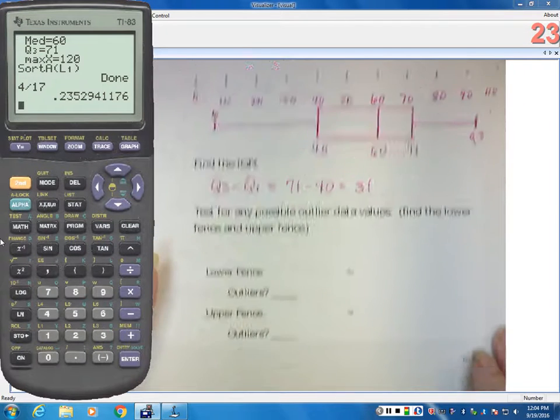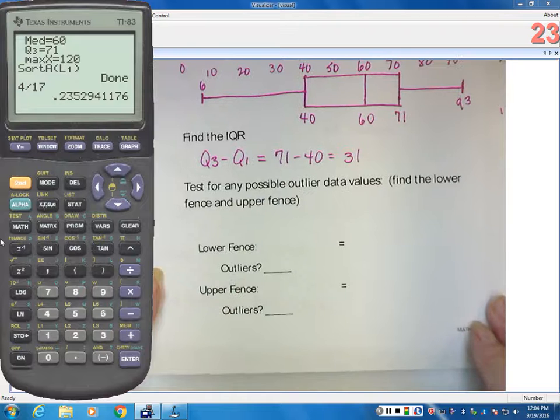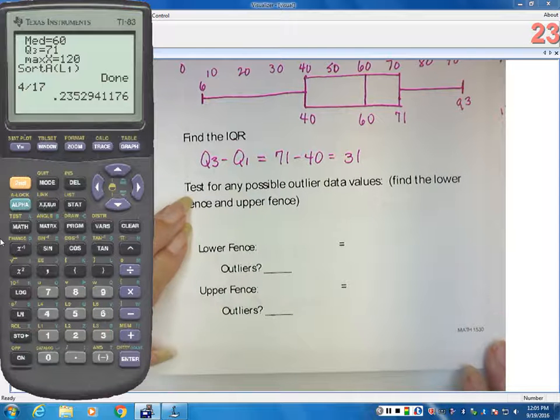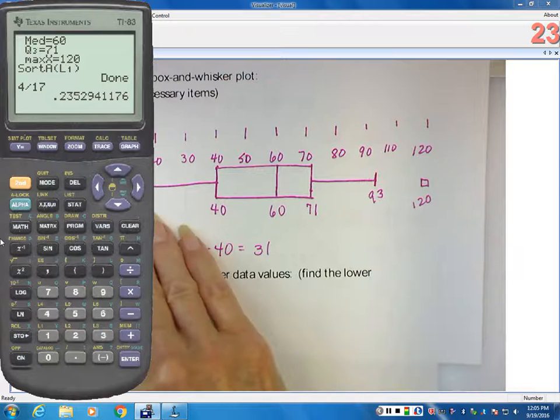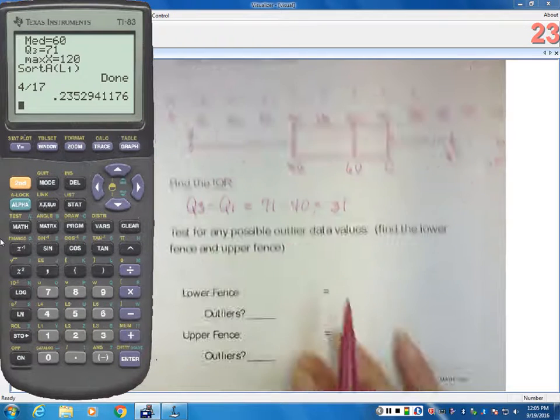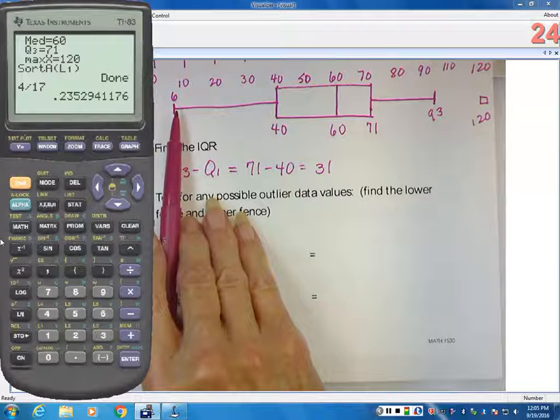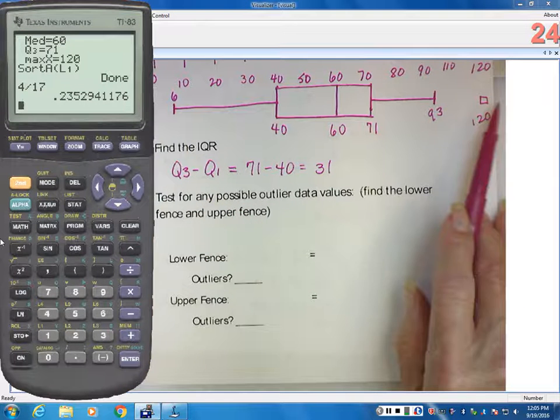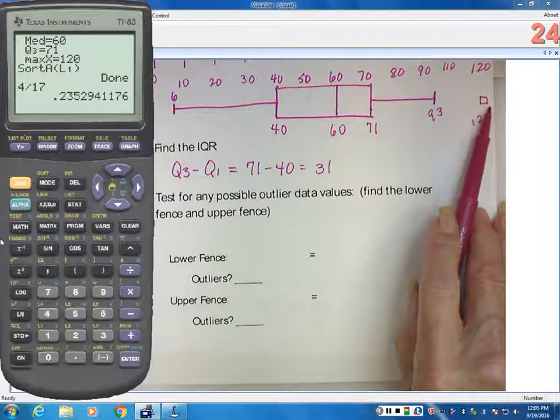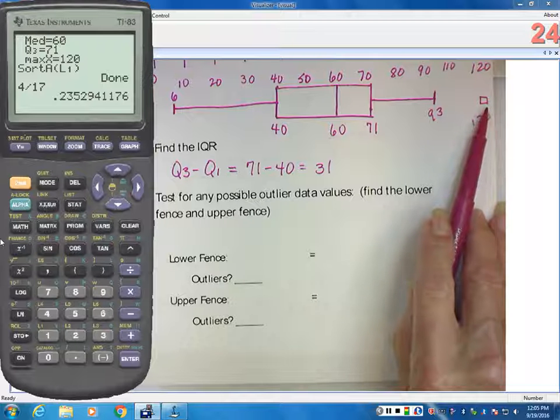And its real purpose is to help us find whether we have any outliers. Now the calculator says that 120 is an outlier, but 6 is not. Let's see if we can verify that, because it looks to me like 6 is pretty far away from everything else too. So I'm kind of wondering if that's absolutely the only outlier.